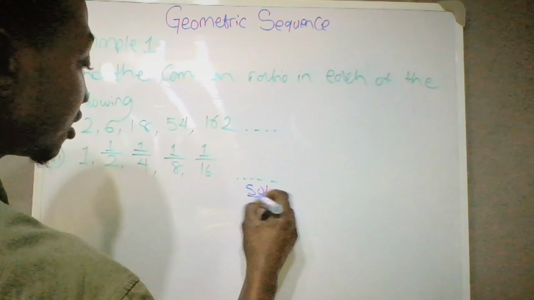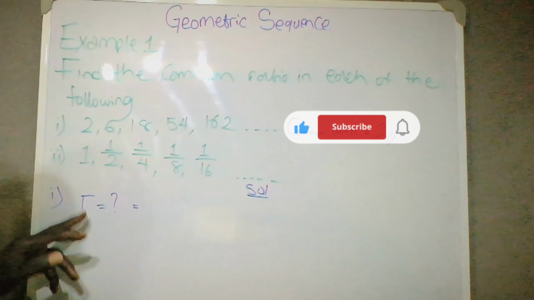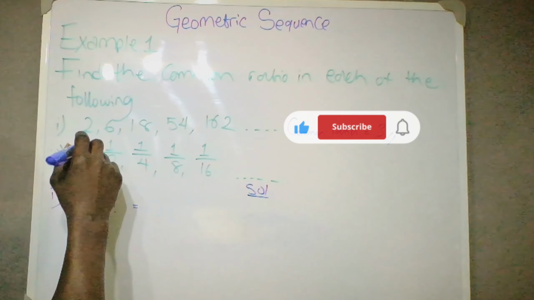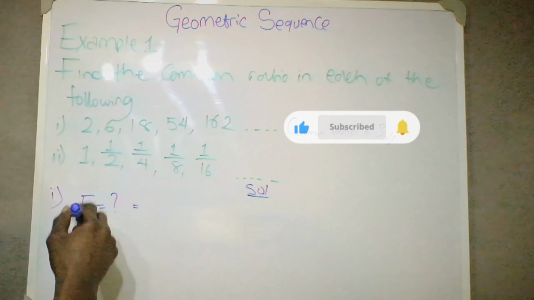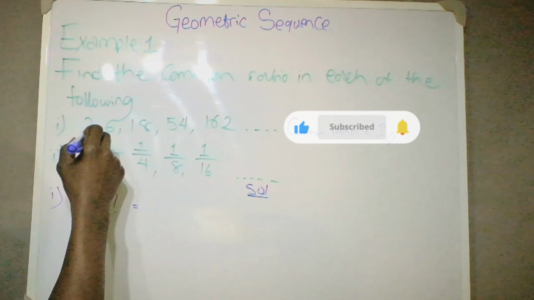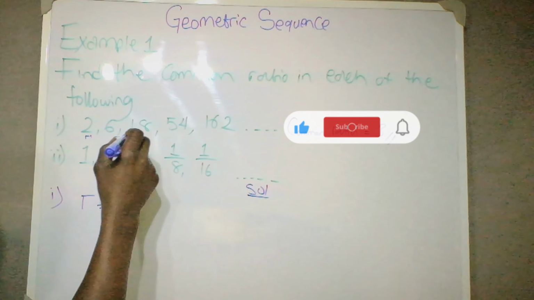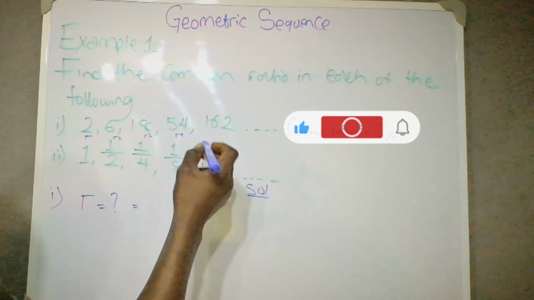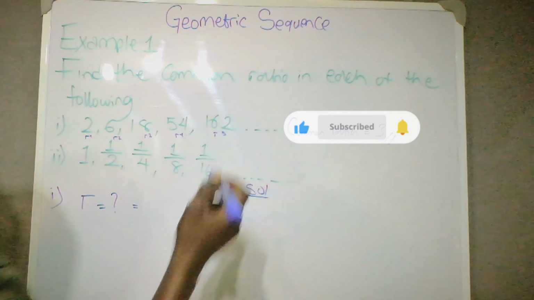The first one down here. Let's just name these R1, R2, R3, R4, and R5.